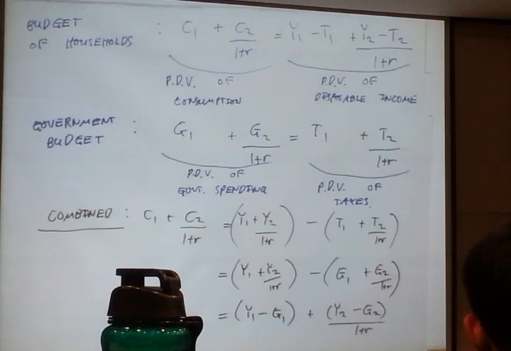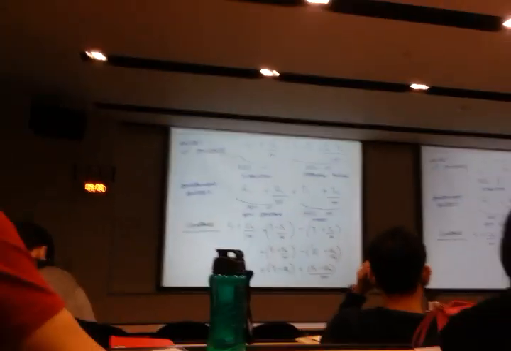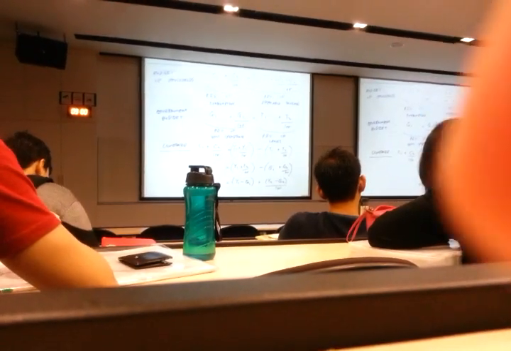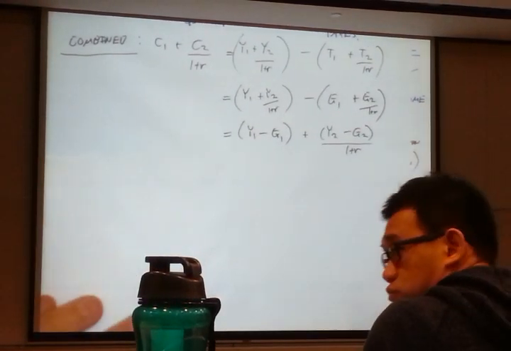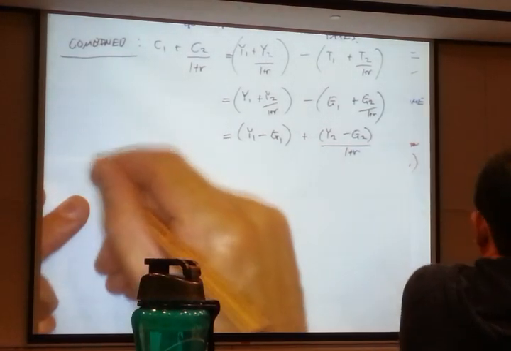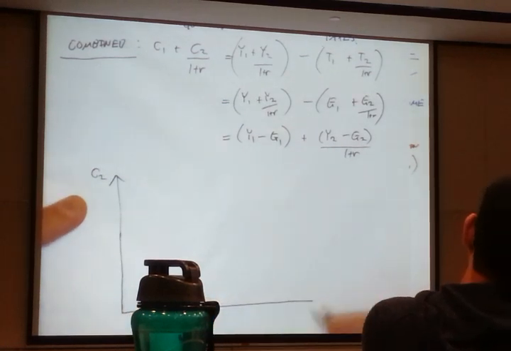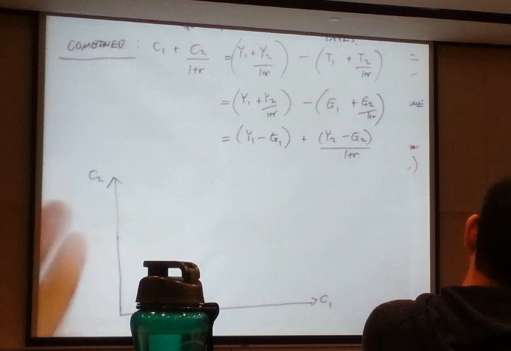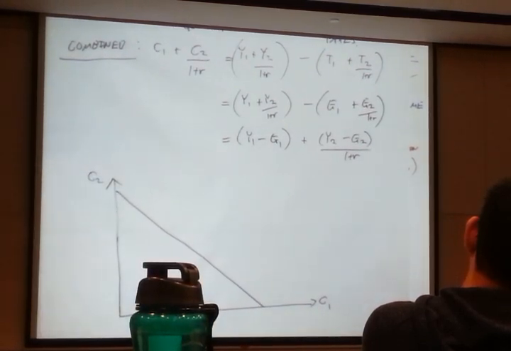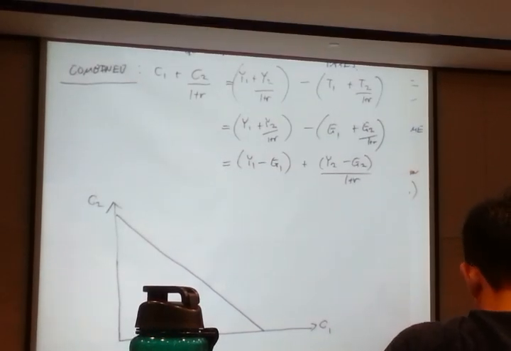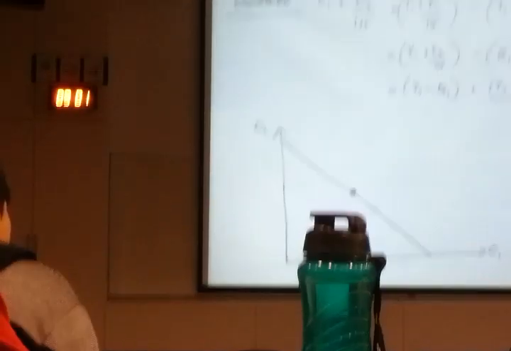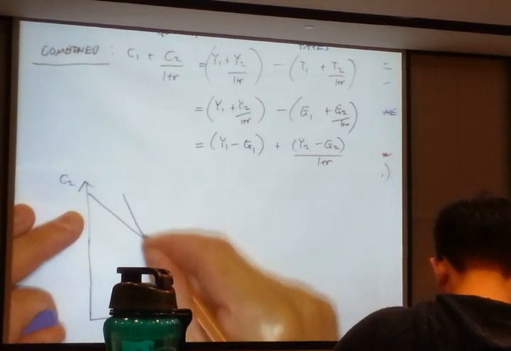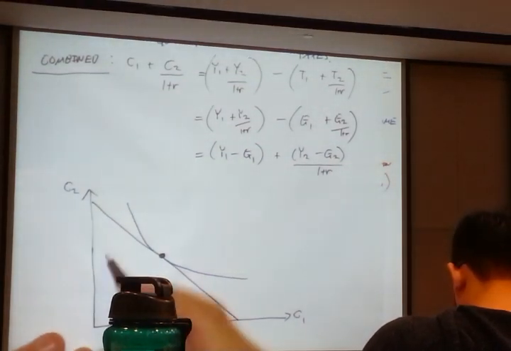So, if you think about what this equation we've just derived means in terms of our diagram, suppose this was the budget constraint, and that was the point where households choose to consume.